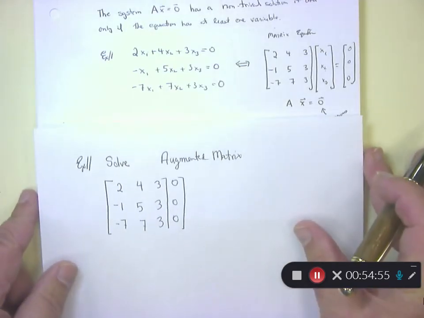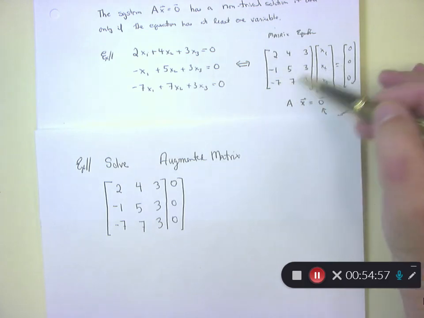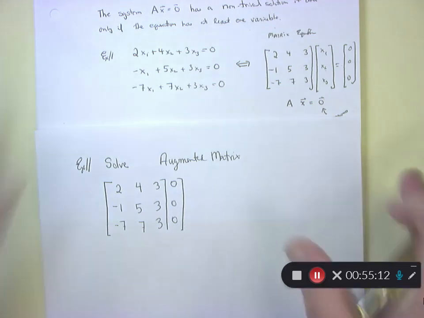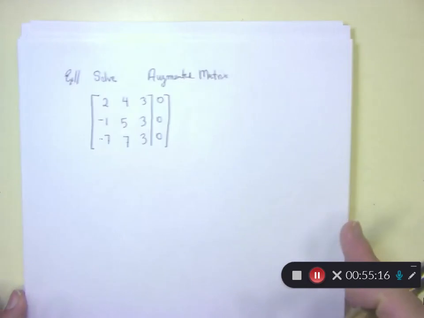What is the augmented matrix? Basically, you take your matrix, drop the x1, x2, x3, and just move what it's equal to over to the other side, and then you slap them together as a bigger matrix, an augmented matrix. So it's actually two matrices put together. Does that make sense? Now, this is my augmented matrix. I want you to solve this guy.